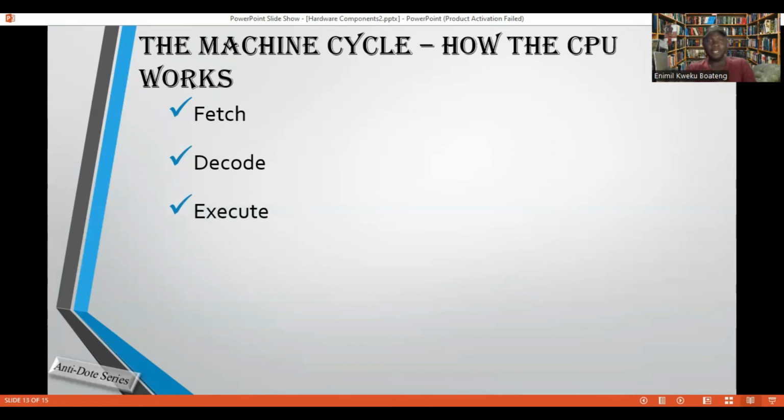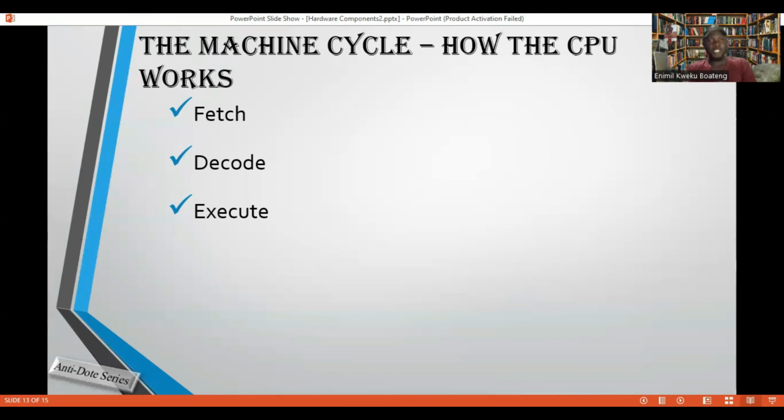Now, with execute, the instructions that were fetched from memory and translated into a language the CPU understands are worked on. So this is where the arithmetic logic unit comes in.